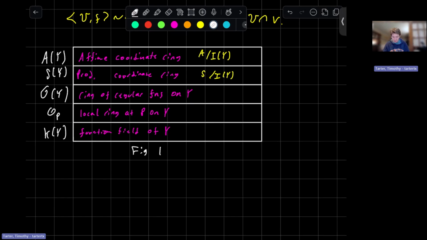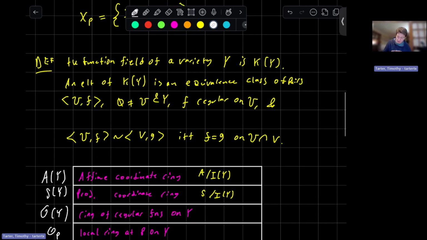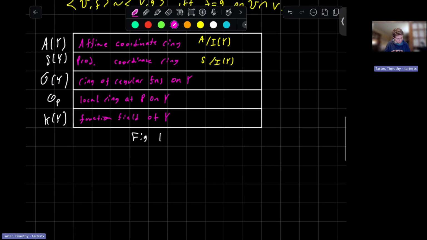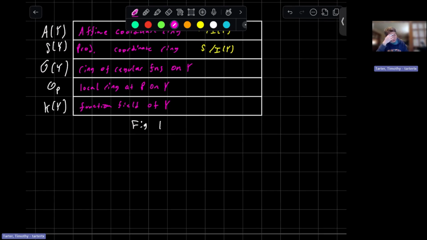And so I guess the nice property of K of Y is that it really is a field. So K of Y is a field of functions. This comes out of the fact that since Y is irreducible, any two non-empty open sets have a non-empty intersection.